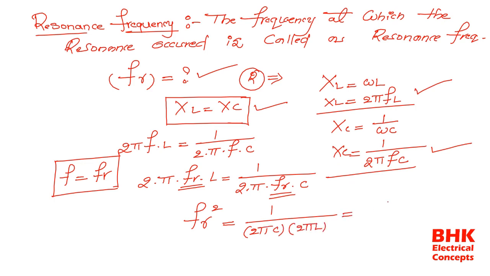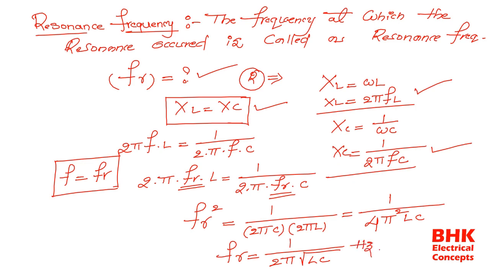If I simplify this one, you will get 1 divided by 4 pi square L into C. Now this is the expression of FR square. If I write the expression of FR, you will get 1 divided by 2 into pi into under root LC, and this is always in hertz.